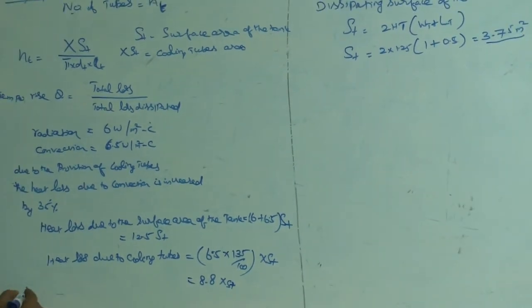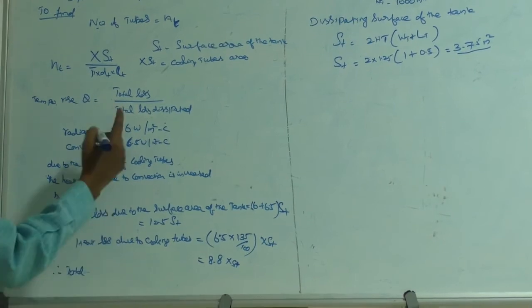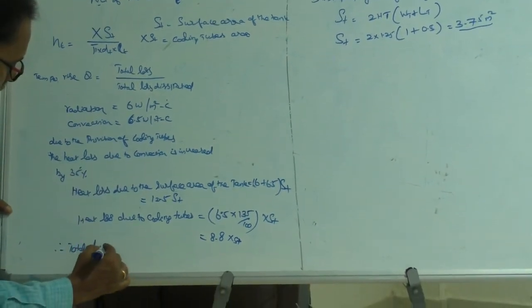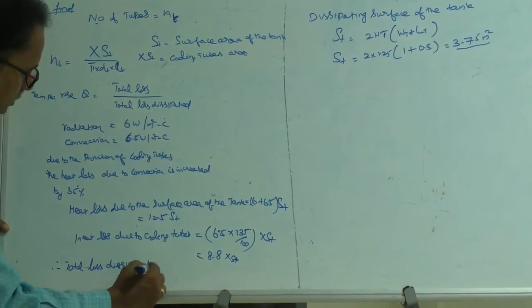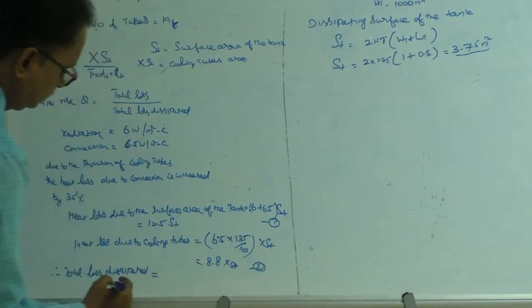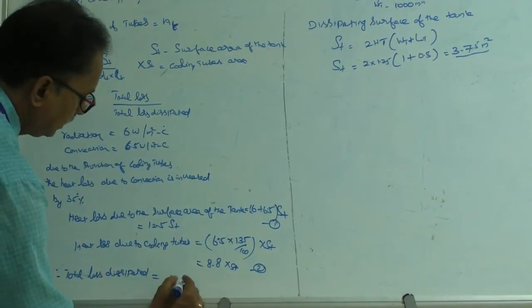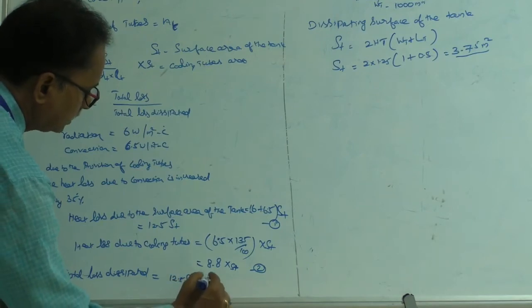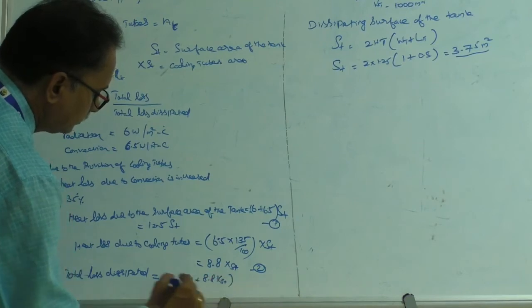Therefore, total loss dissipated is equal to, let us assume this is 1 and this is 2. You get 1 plus 2, which is equal to 12.5 ST plus 8.8 XST.